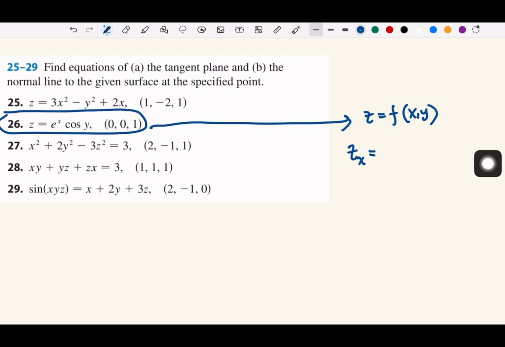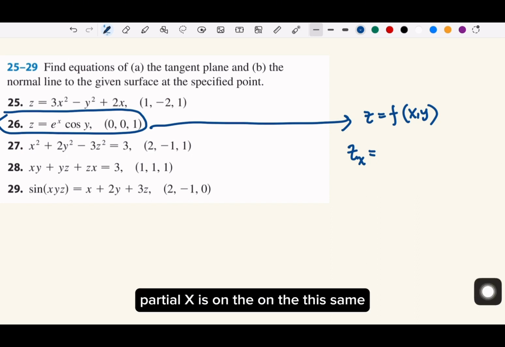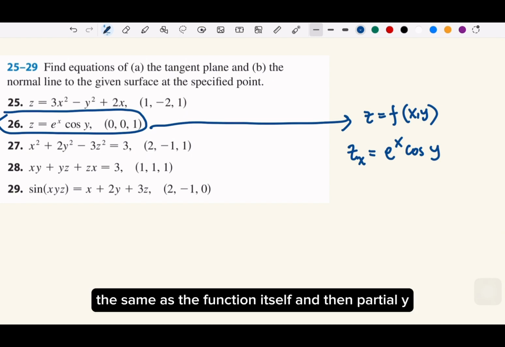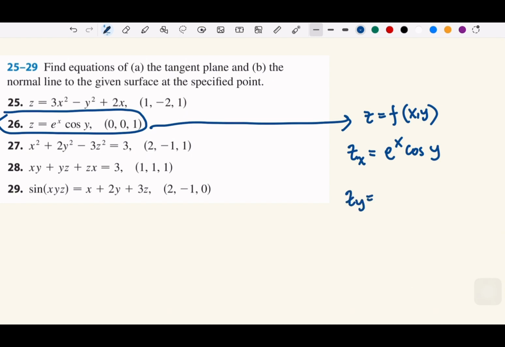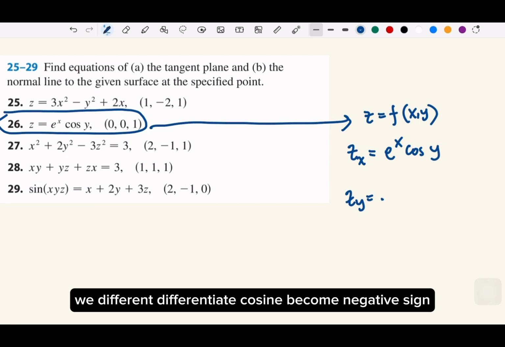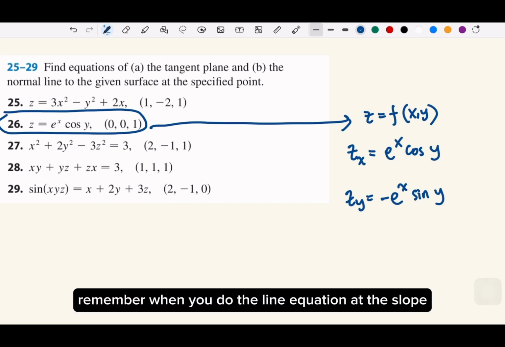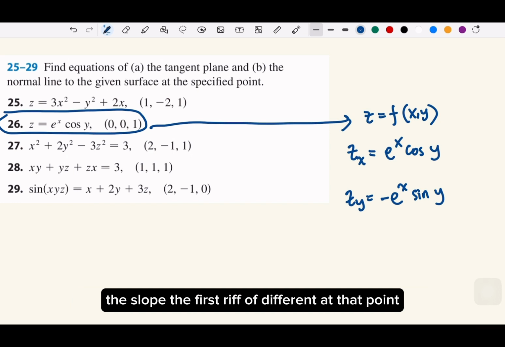Partial x is the same as the function itself. And then partial y: we differentiate cosine and it becomes negative sine, right? And now we have the point. Remember, when you do the line equation, you have the slope. The slope is the first derivative, right?